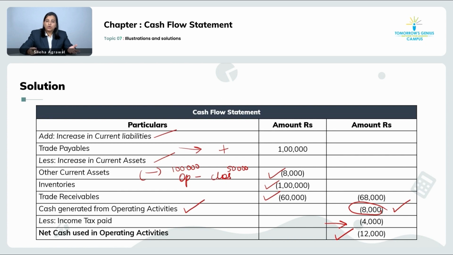Next, we recorded changes in working capital. Finally, we arrived at operating profit before working capital changes, and we deducted the tax, which is again an operating item, and we got cash flow from operating activity. Now, since the figure is negative, we can't write cash flow. We will be writing cash used in operating activity.